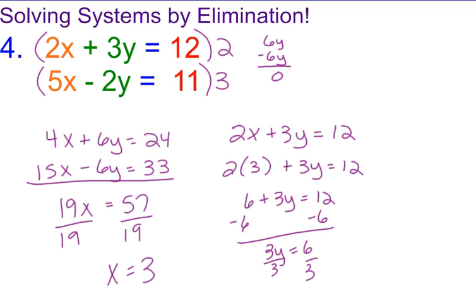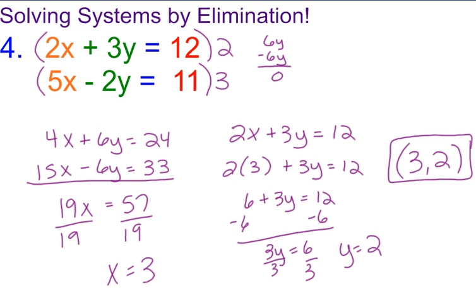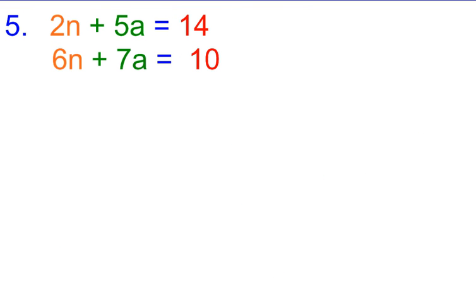We'd have 3y equals 6. So I find that y equals 2. So these two lines intersect at (3, 2). There's elimination. Hopefully you're remembering this because you did this quite a bit in Algebra 1.